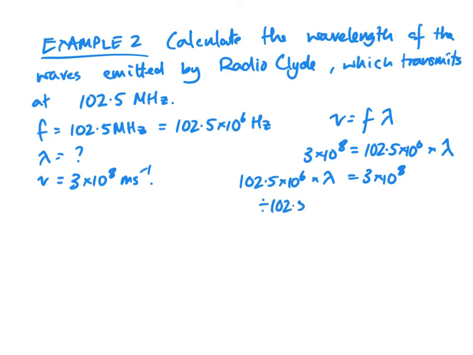I'm trying to get lambda on its own on the left-hand side, so that's why I swap sides first of all. And then I have to divide both sides by this 102.5 times 10 to the 6. That leaves me lambda, and then I get my calculator out once again. And rounding to 3 significant figures again, we get the wavelength of Radio Clyde's waves.